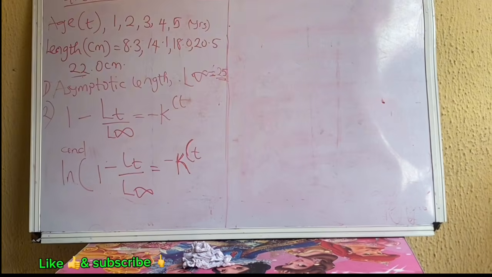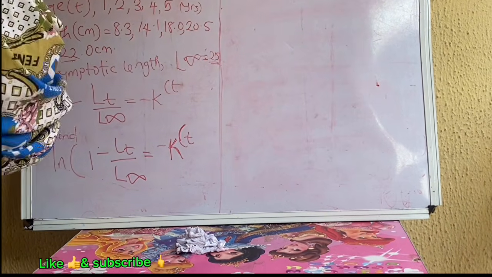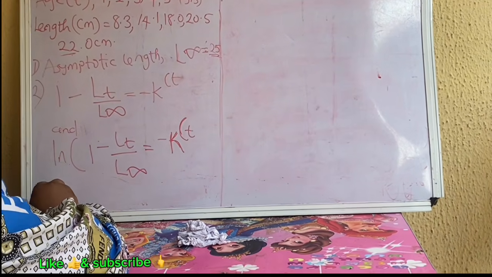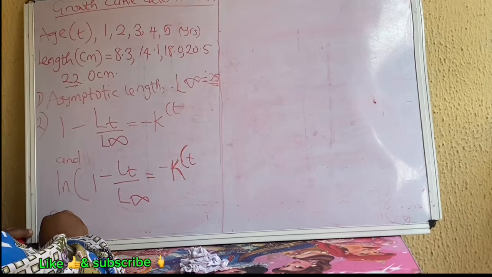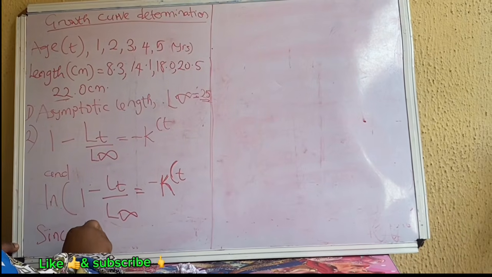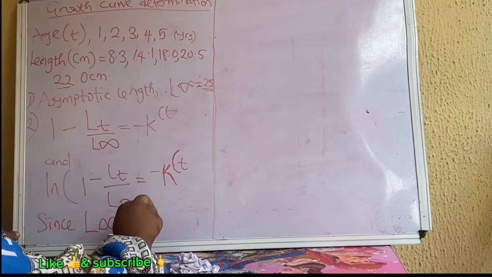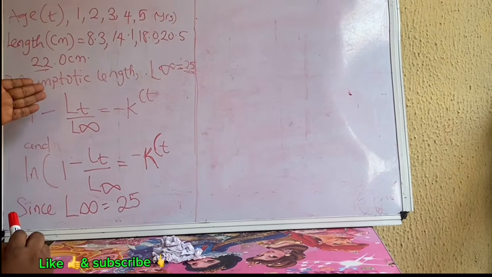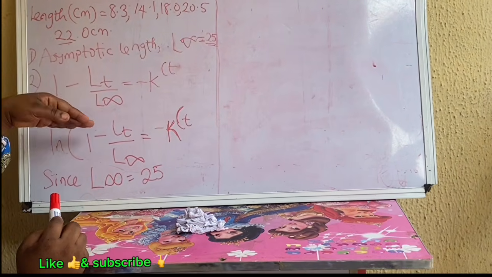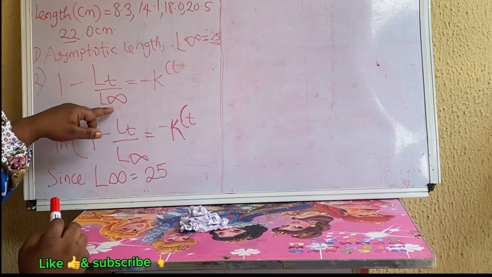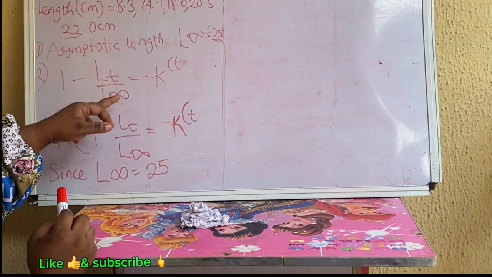Since L asymptotic is equal to 25, you substitute 25 into where you have L asymptotic.